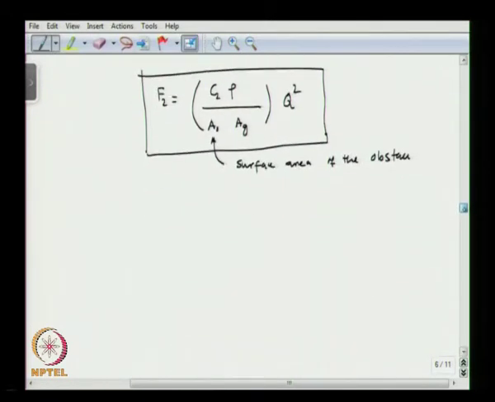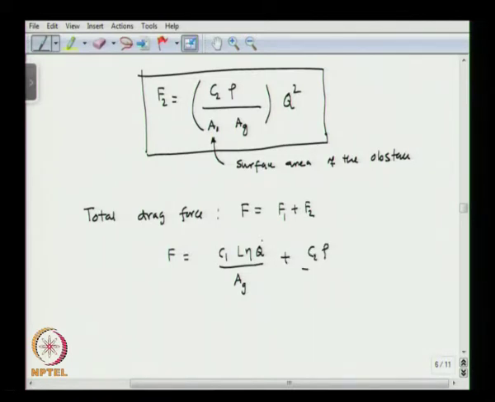So, the total drag force F is F1 plus F2, so F is C1 L eta q dot divided by Ag plus C2 rho over A0 Ag squared into q dot squared.